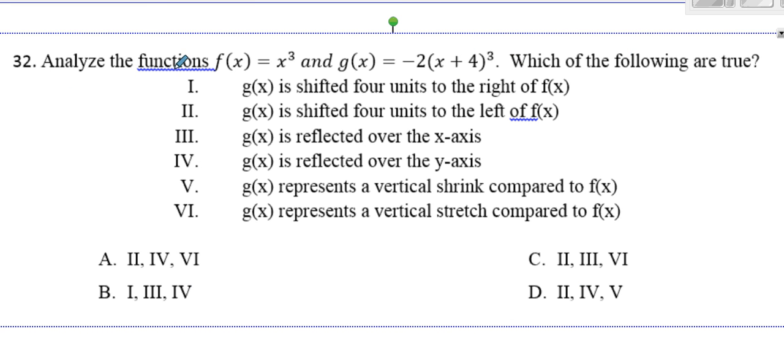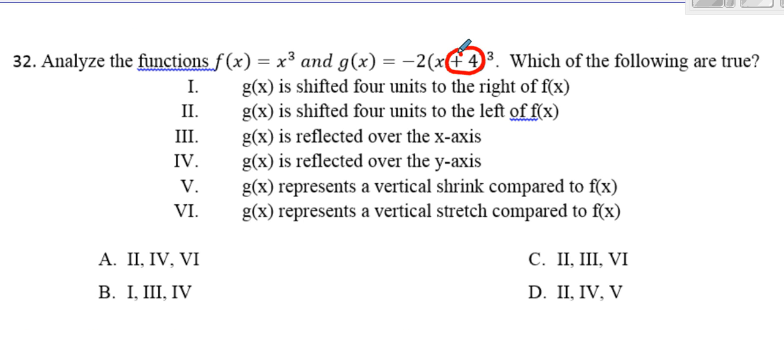From the parent function, you just got to pick out the shifts. So a +4 inside parentheses grouped with the x, that's going to affect left, right. X affects left, right. Since it's plus, that means left. 4 units to the left. The negative tells you it's reflected over the x-axis.